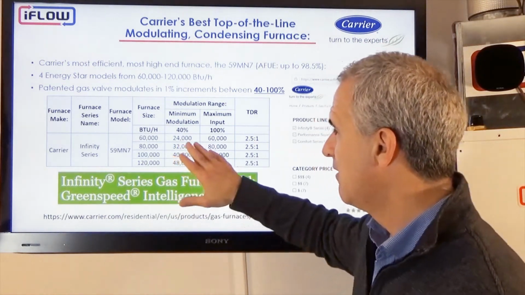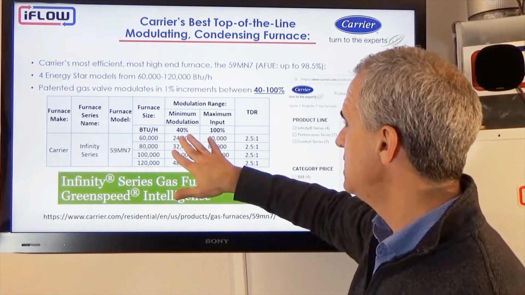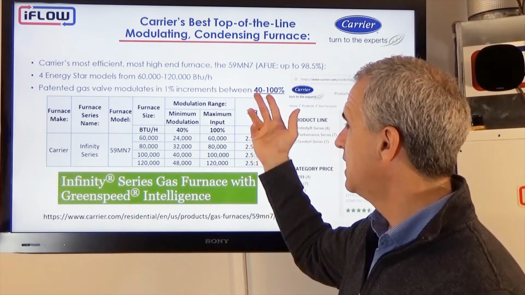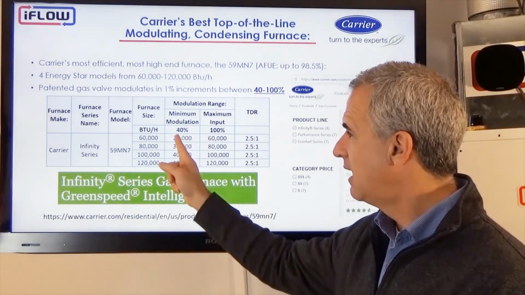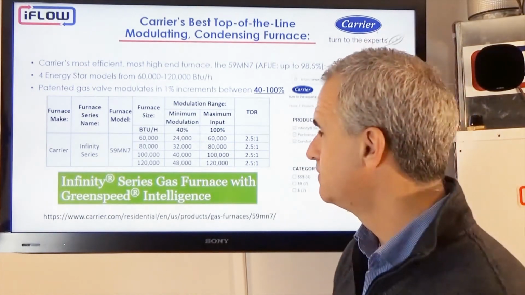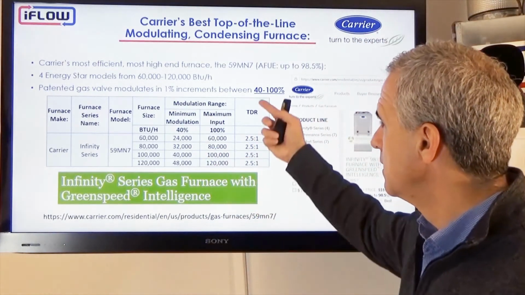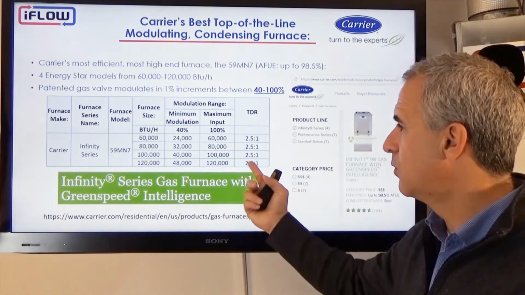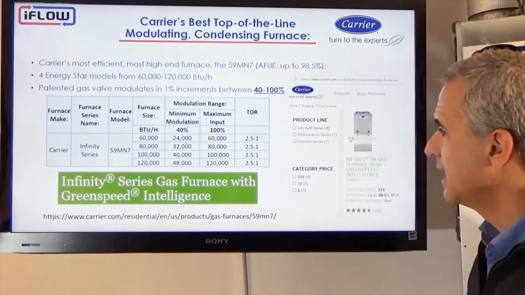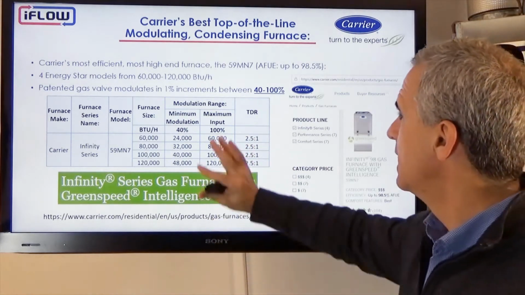I'm sure it'll do very well. The efficiencies will be decent, and the modulation rate will be very good because it's modulating within the range. If it's below 24,000, how do you think it's going to work? We'll take a look. Turn down ratios, 2.5 to 1 on each one of these models. We hope to see that higher in the future, but that's this one furnace.